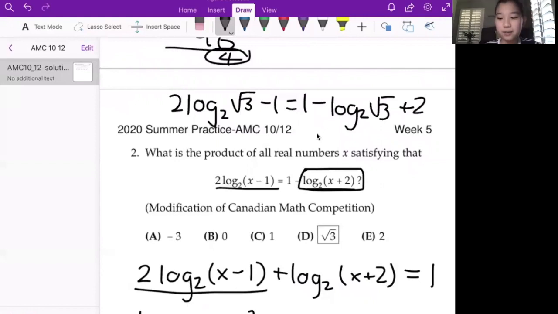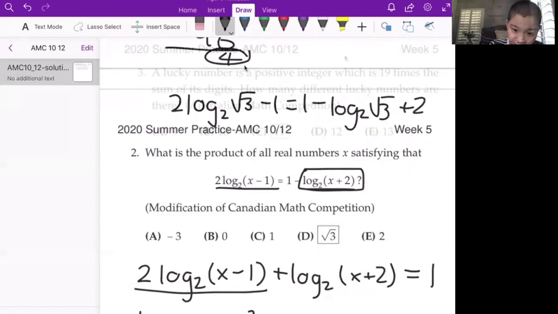I'm not going to do it right now, but if you calculate it, you'll see that this actually does work. There's a lot of square roots and division and squaring, but once you do the calculation, you'll see that it works. So the only solution is x equals root 3.